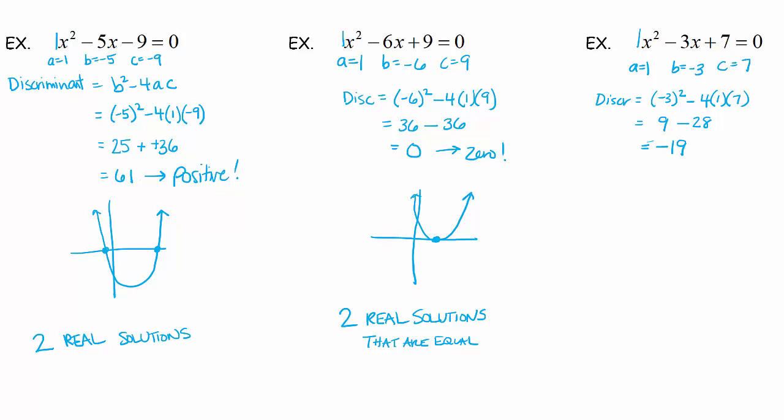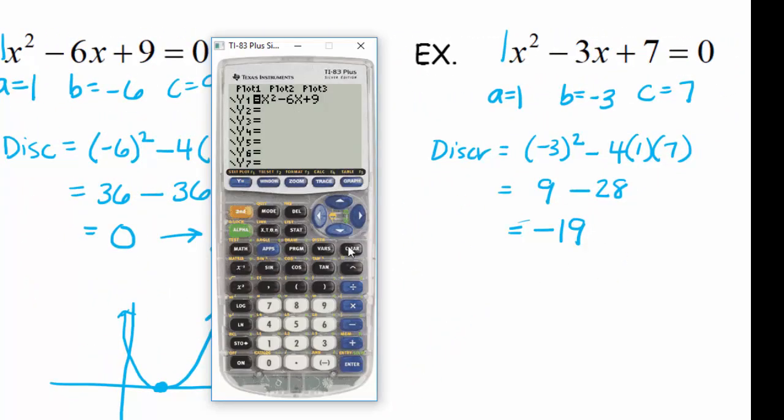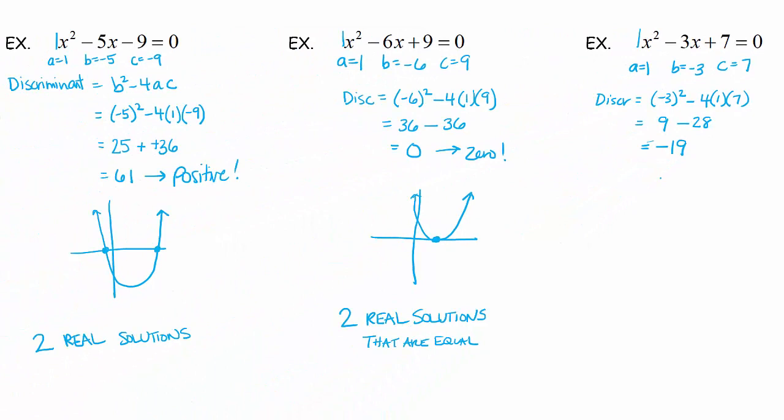What happens if we graph that one? We'll plug that into y equals. Look at that. Here's that parabola, and it doesn't have any zeros. So it looks something like this. I'll make a little note here, no zeros.